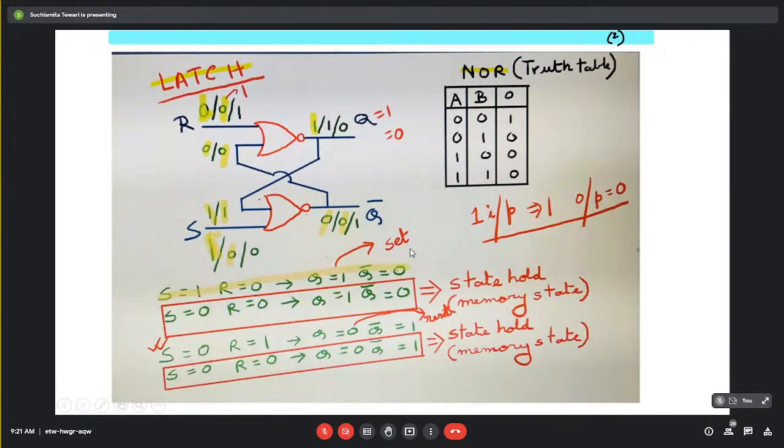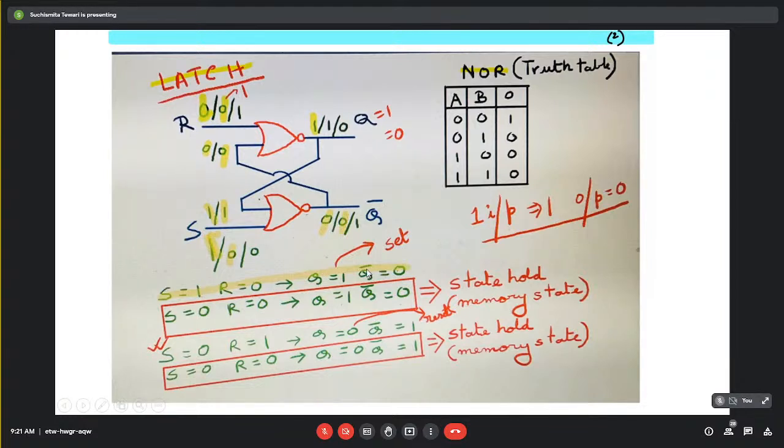Now, in digital electronics, set is used when the particular output has achieved high state or logic 1. Logic 1 means here 1. So you see here Q is attaining a value 1 and Q bar is attaining a value 0 when S is 1 and R is equal to 0.